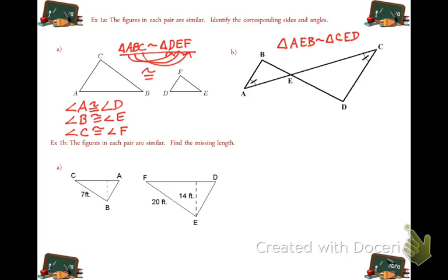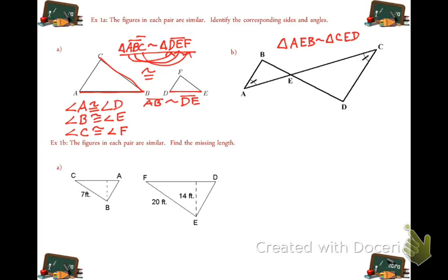Now we have lines. So I have AB. Now this is where it's just similar. AB corresponds to DE. If you look, AB and DE. Next I have BC.